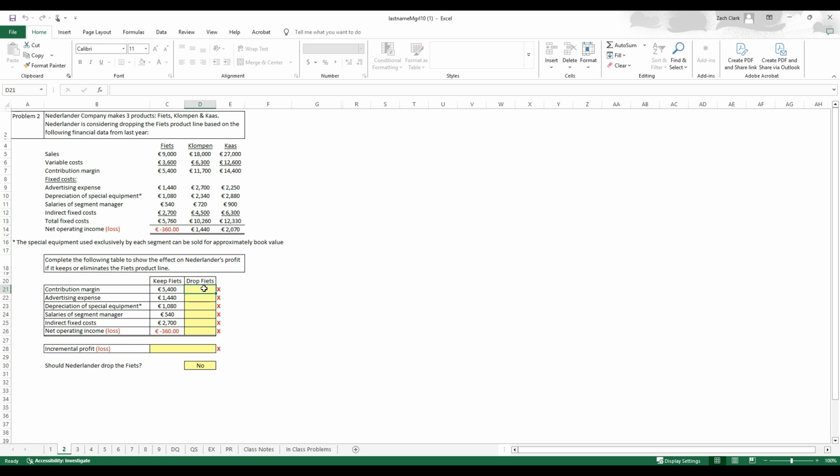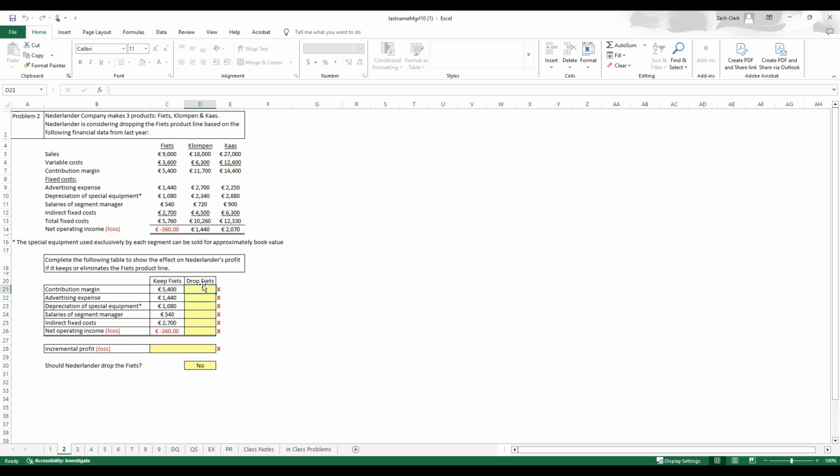And so what we want to consider when we're thinking about eliminating a segment or keeping it is what is the effect on the overall indirect costs and how those are going to be reallocated amongst the other lines, to see if it actually is beneficial to keep the Fiats.